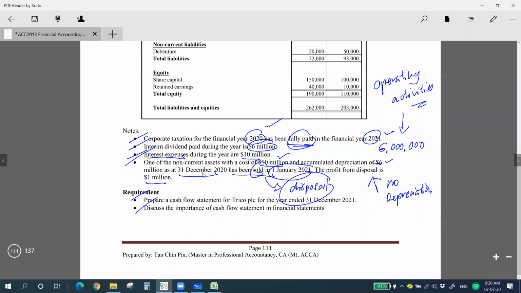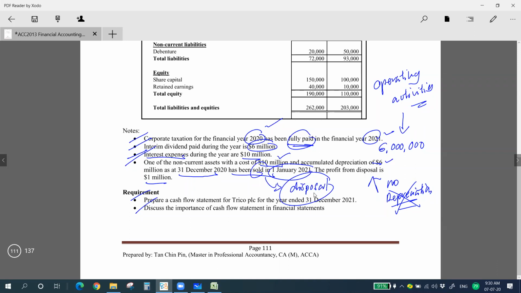And this asset being sold in 1st January 2021, it means that there is no depreciation for this disposed asset. So we are not required to do the adjustment on depreciation. We can treat this 10 million and 6 million as the cost and accumulated depreciation up to the disposal date. All right. So we have to do this adjustment.